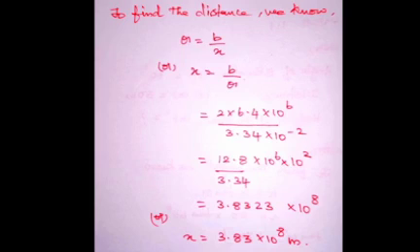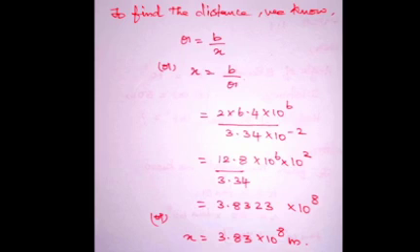Therefore 2 into 6.4 into 10 power 6 divided by 3.34 into 10 power minus 2. Now the denominator's 10 power minus 2 moves to the numerator and becomes plus, and multiplying 2 into 6.4, we get 12.8 into 10 power 6 into 10 power 2 divided by 3.34.